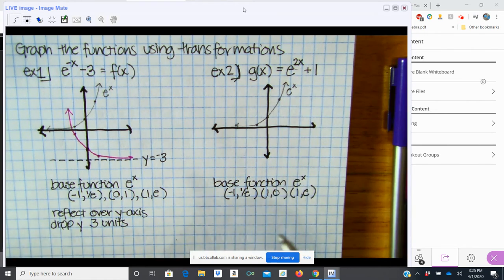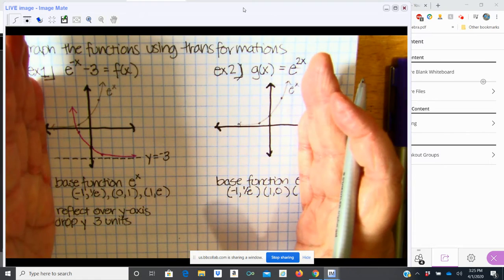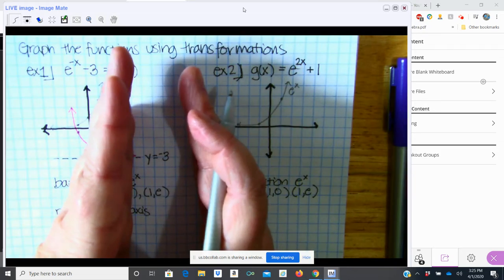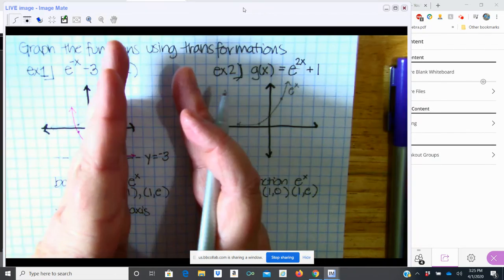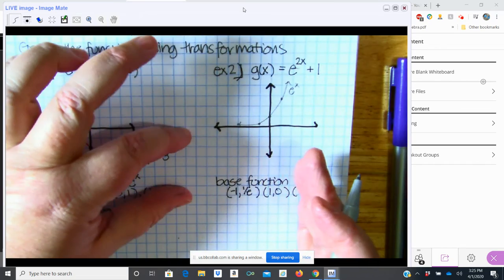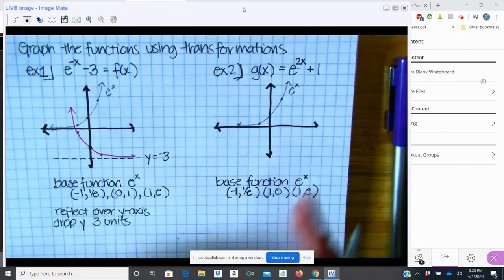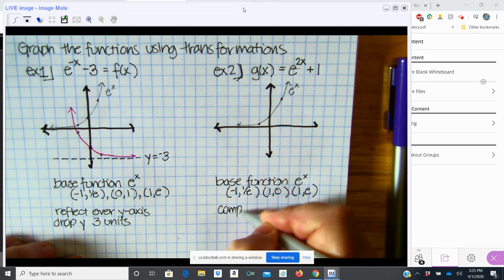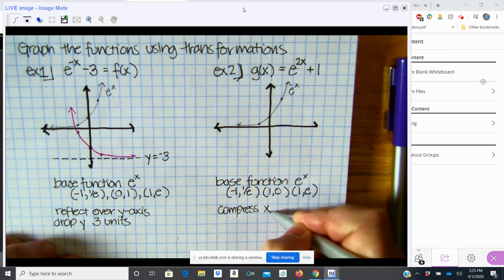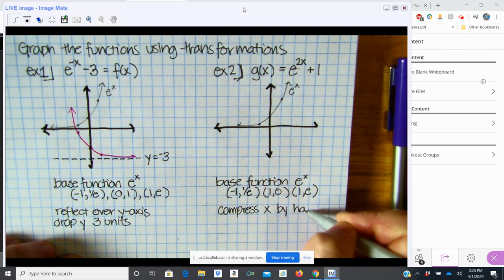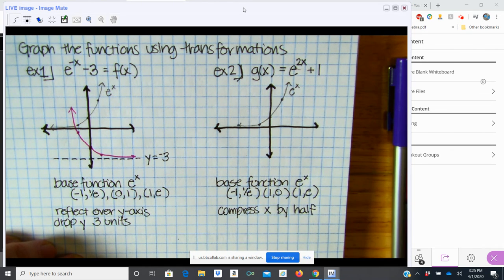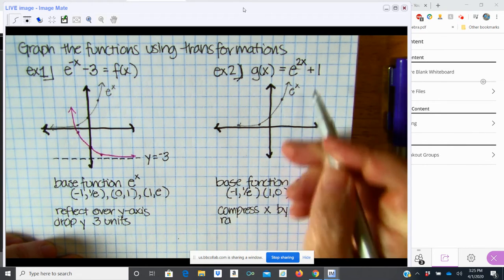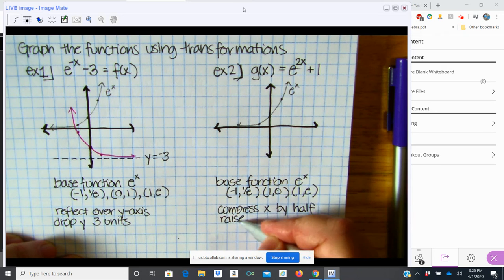It's not going to stretch it. Well, we call it compress, right? It's not a stretch, it's a compress. Shrink usually goes like that. It's just a weird thing. So this is going to compress x by half. And that plus 1 is going to raise it up 1.